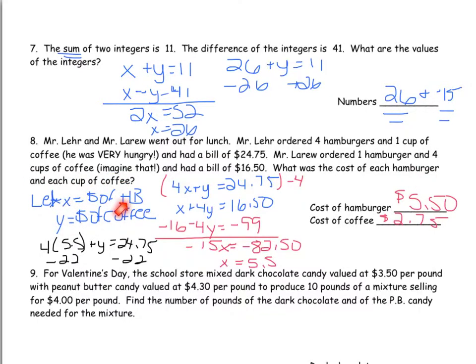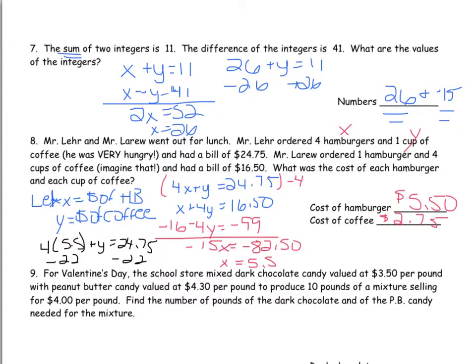And then what we know is Lair ordered 4 hamburgers and 1 cup of coffee for $24.75. Some of you might want to consider putting, after you do your let statement, the variables up front. So hamburgers was the x, cup of coffee was the y. So again, the cost of them, not the number because we know the number.